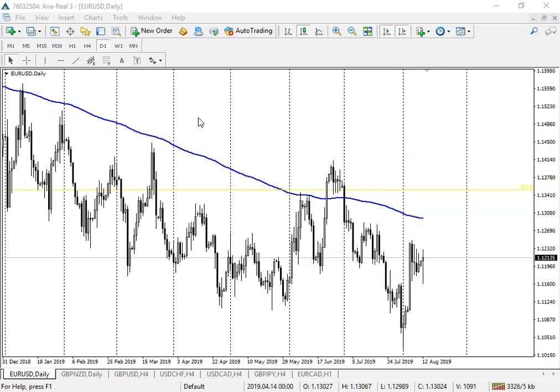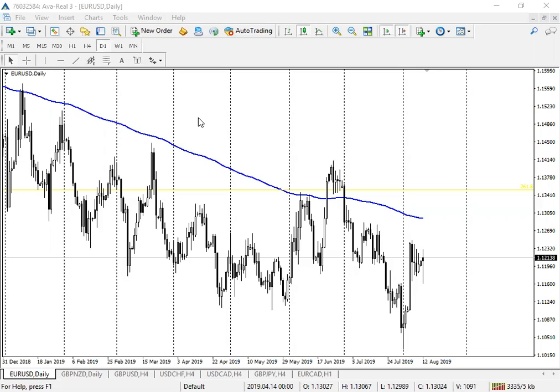Right, so EURUSD right now, we're looking at the daily chart. Current price is 12.13.7, and the market has been in a downward trend for quite a bit of time.